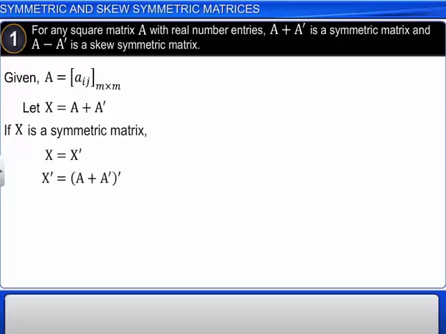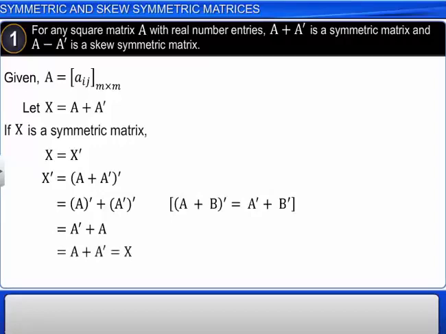Let's substitute A plus A transpose in place of X in X transpose. Using the properties we have seen earlier for transpose of a matrix, we can see that the right-hand side can be represented as shown. This implies the right-hand side is equal to A transpose plus A. This indeed is equal to X. Therefore, X is a symmetric matrix, or A plus A transpose is a symmetric matrix.